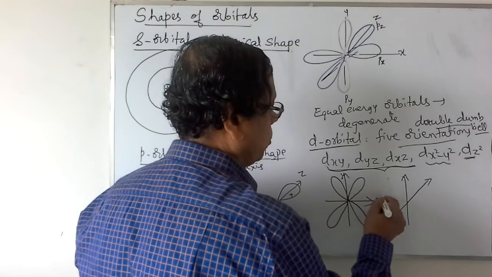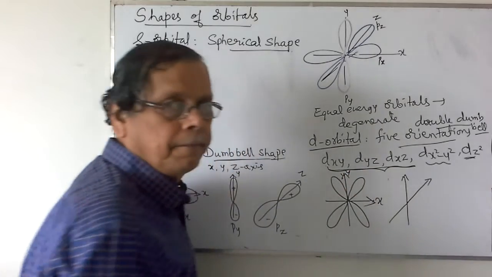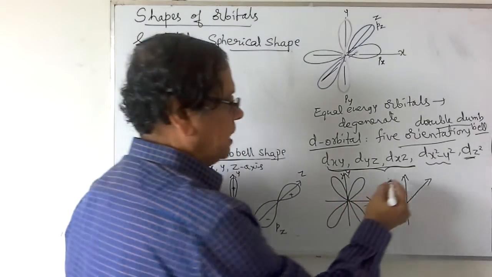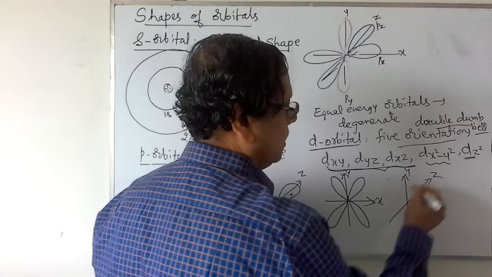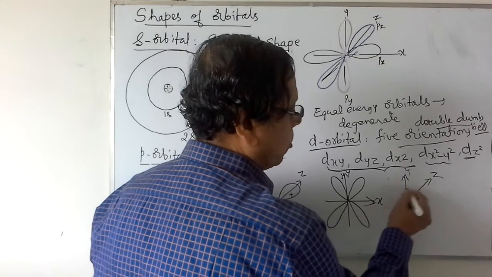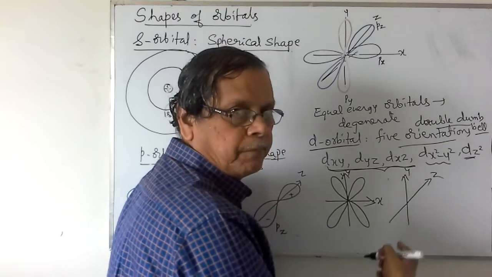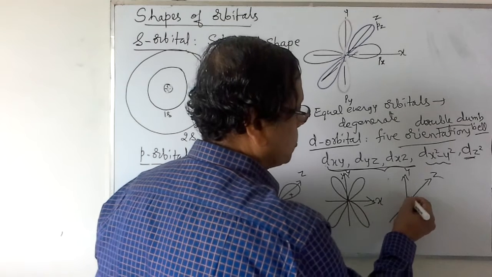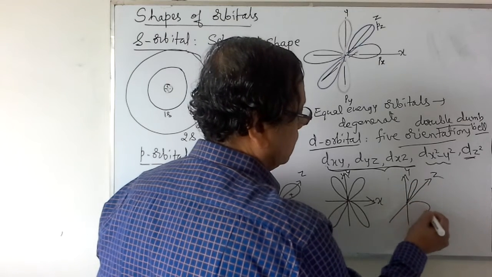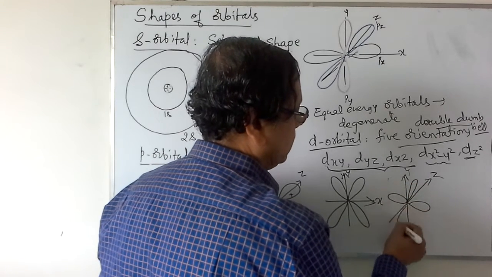These will contain two lobes, x and y. When we consider this y-axis and z-axis, we have these four planes produced by the y and z axis. So the lobes present in between are indicated as the dyz.